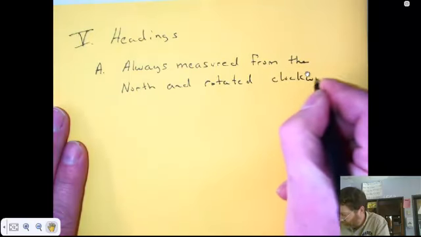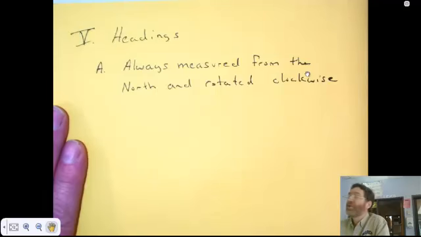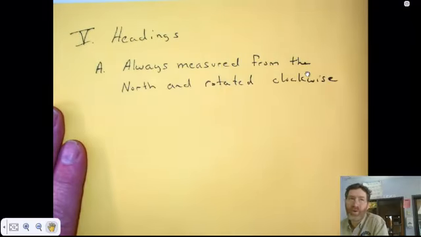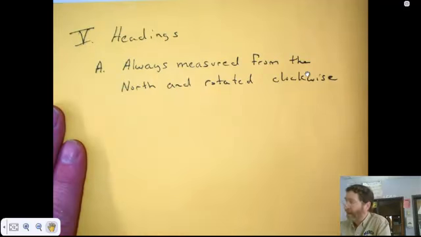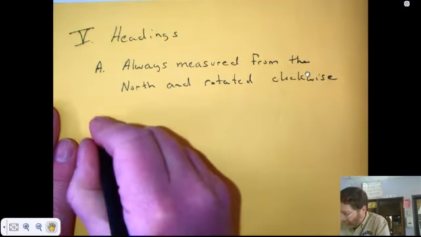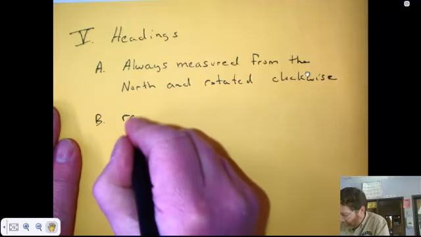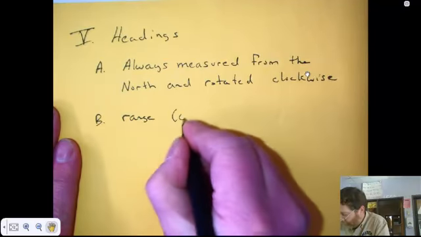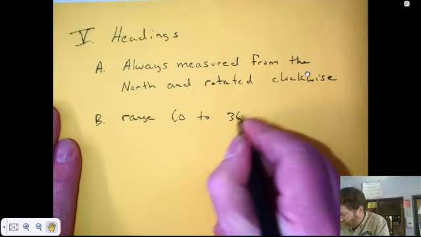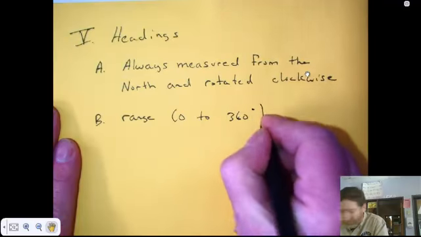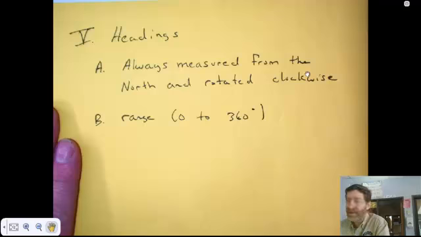So it's a little different than a lot of things we do. They're always from the north, rotating clockwise, so their range is from 0 to 360. Anytime you're given just an angle, it's a heading.